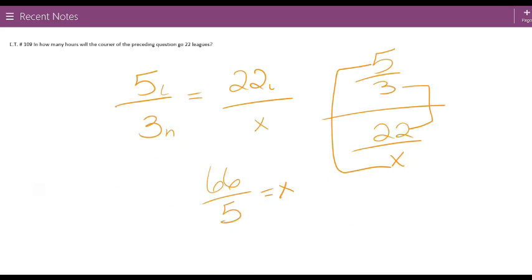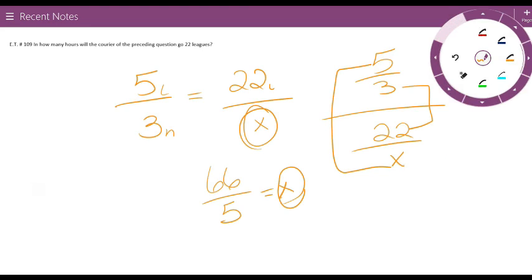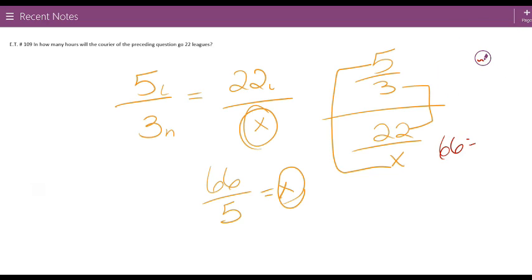What you really want to do is think, I want to get this value isolated by itself. So you would be starting with 66 equals 5 times that value, and then you divide by that 5 to get that value by itself. And that's really what you want to do.